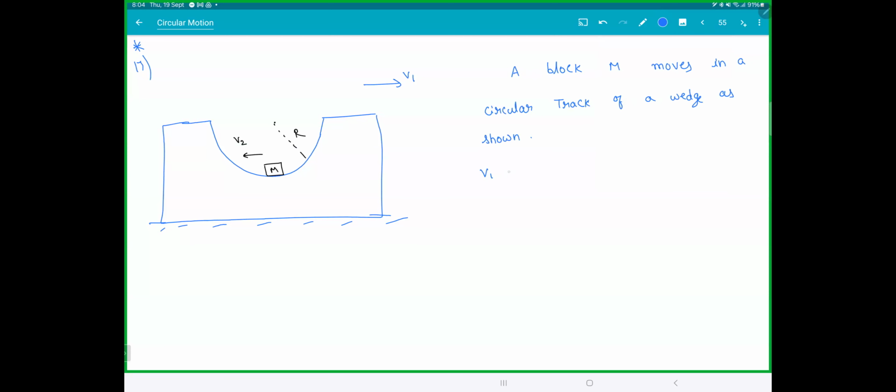Here the velocities V1 and V2 are velocities in the ground frame. The person on the ground thinks these are the velocities. Find the centripetal acceleration and the normal reaction on the block.